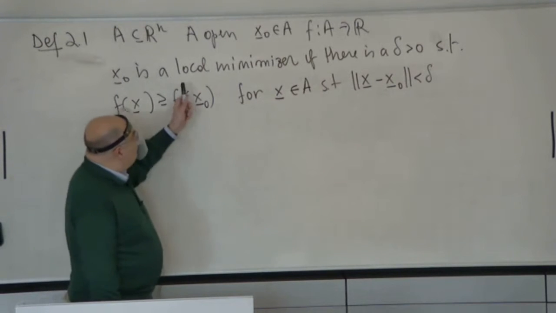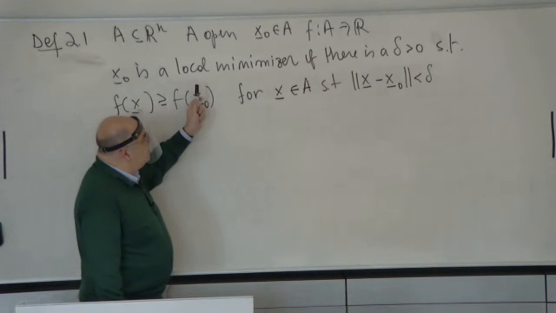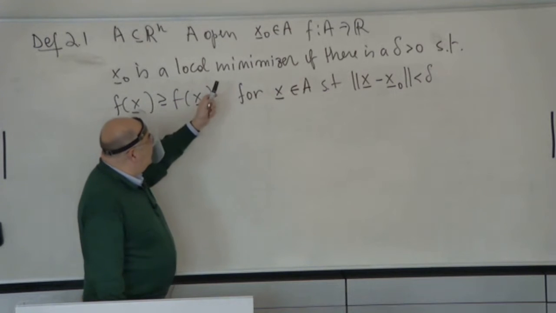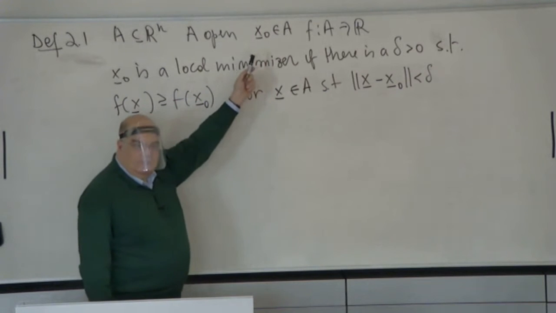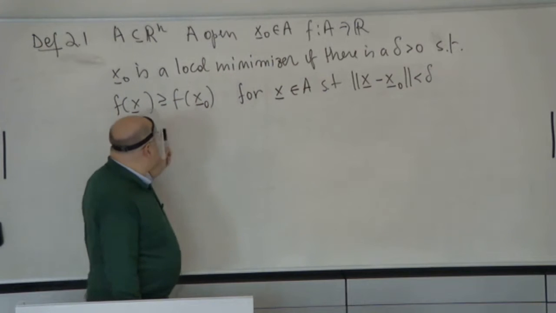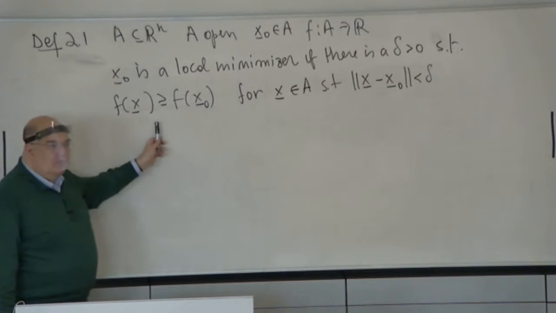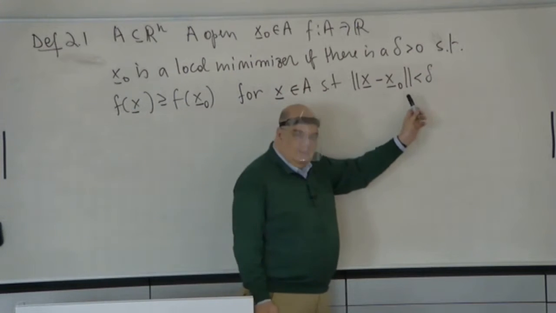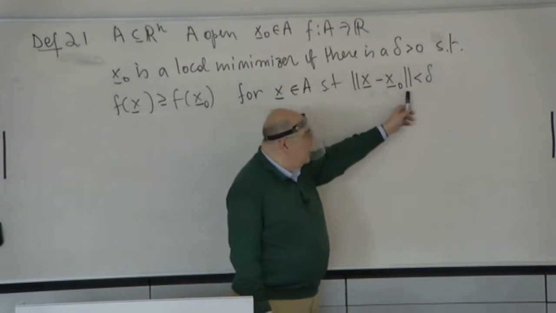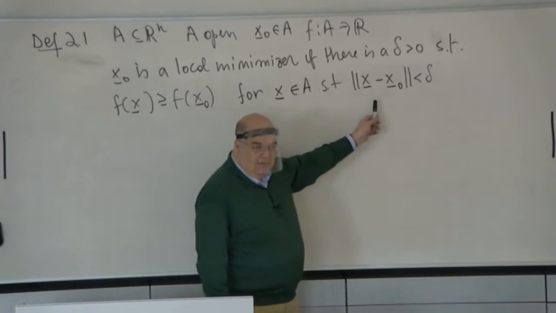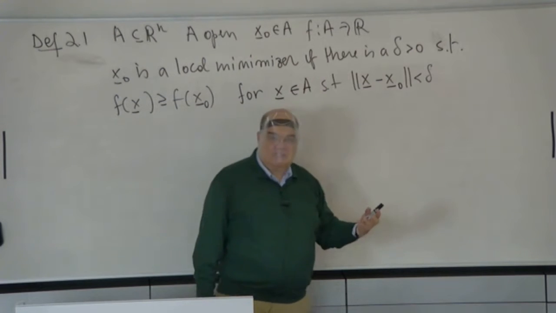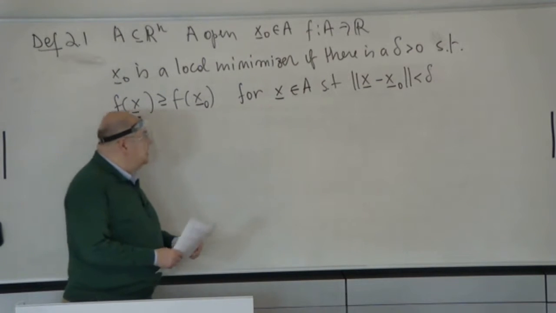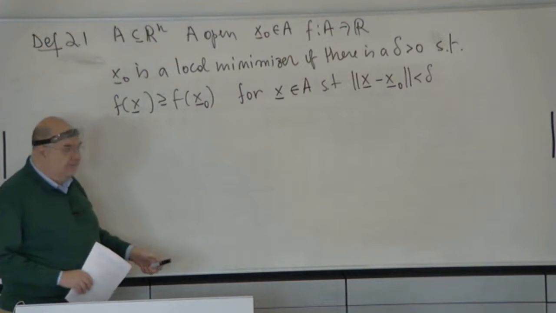A local minimizer is, say, an input for the function, a point in the space, such that the value at that point is less than or equal to any other value in a neighborhood of that point x0, okay? So if you stay sufficiently close, that is a neighborhood. And this is the definition of a local minimizer.